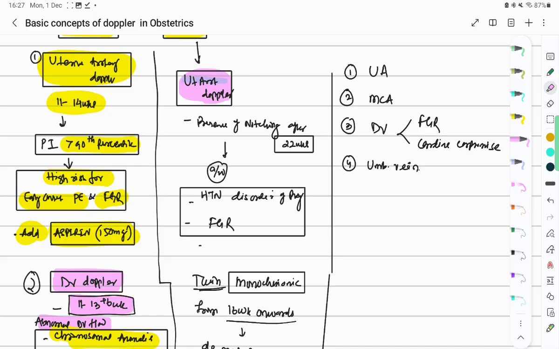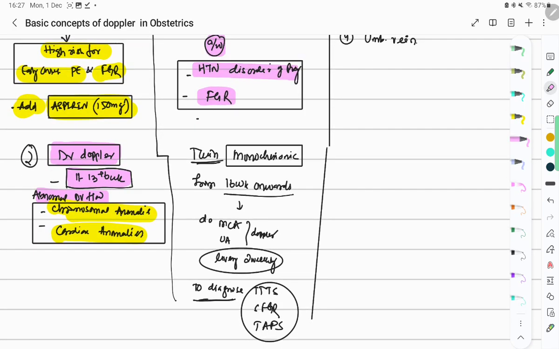So there should be increased diastolic flow and no notching in the uterine Doppler. I will show the image. If there is persistence of notching after 22 weeks, that is associated with hypertensive disorders of pregnancy and FGR. So we have to prevent that. I will tell you how to do that.